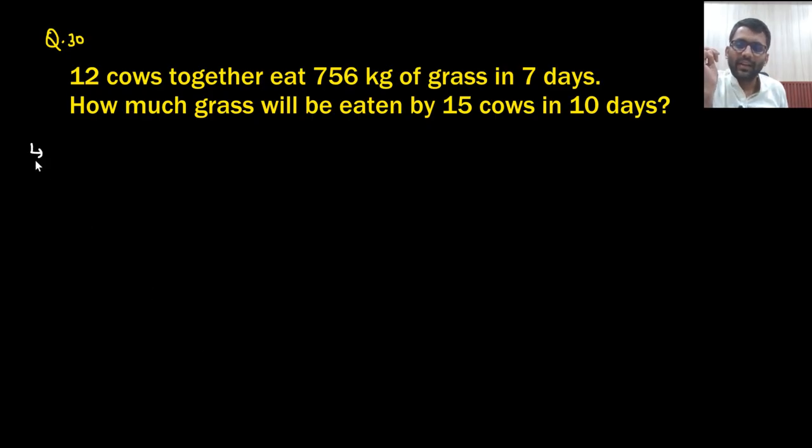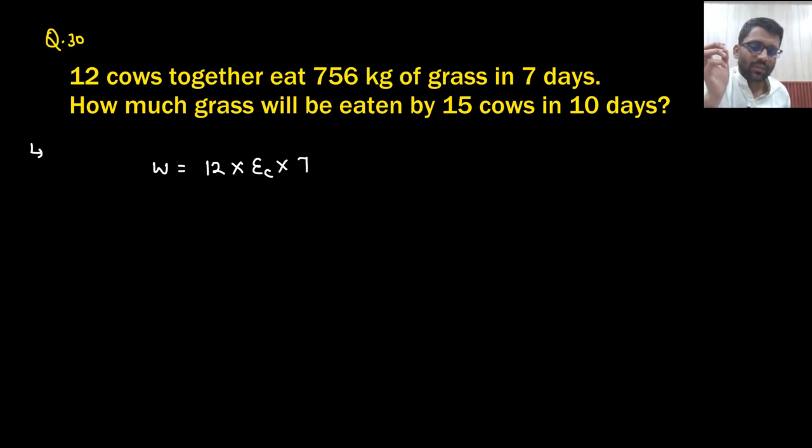12 cows together can eat 756 gram of grass in 7 days. How much grass will be eaten by 15 cows in 10 days? So basically what is the work? Work that can be done by 12 cows with their complete efficiency.